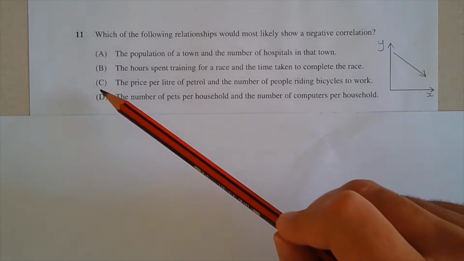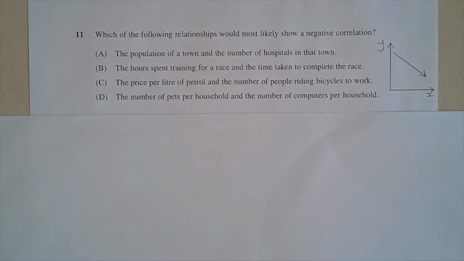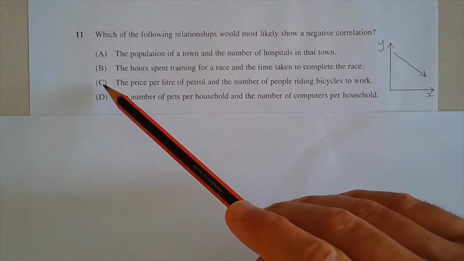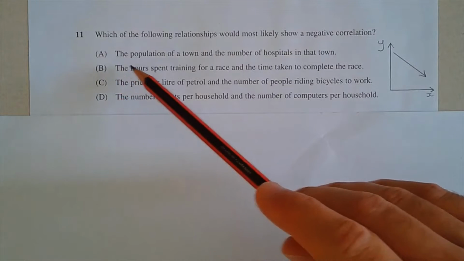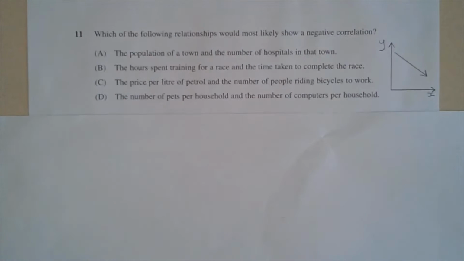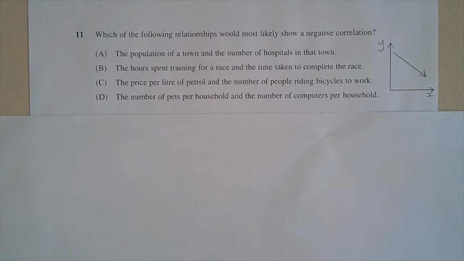So while option C might look like a potential answer, it's not as appropriate as option B, where it's more explicit and direct that training for a race and the time taken to complete the race are correlated, rather than option C, where there are so many other factors that affect the price of petrol.